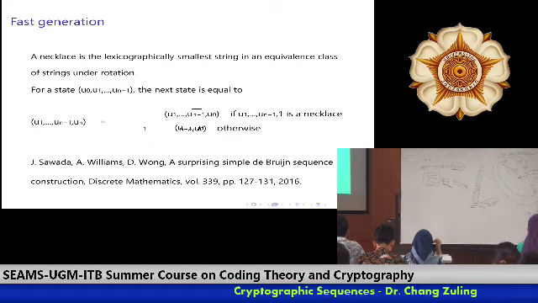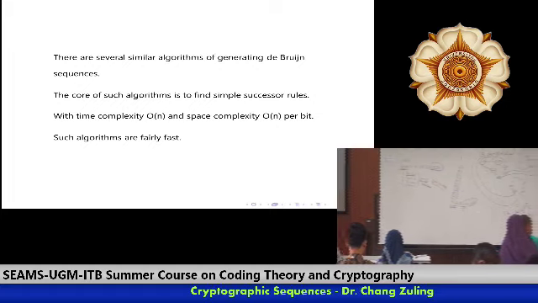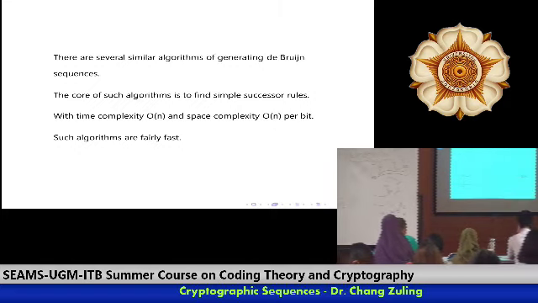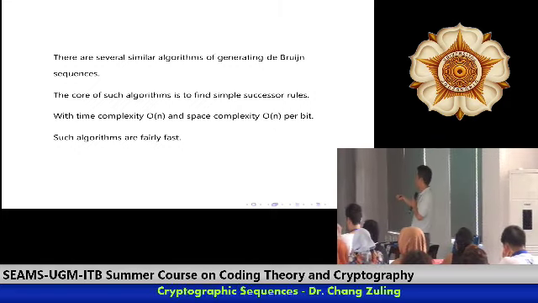So it's very fast. You can find this method in this paper, Surprising Sequence.